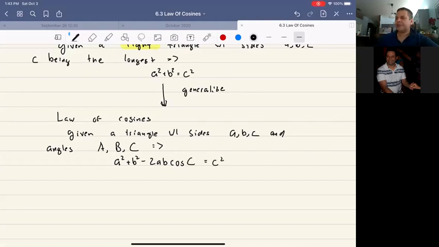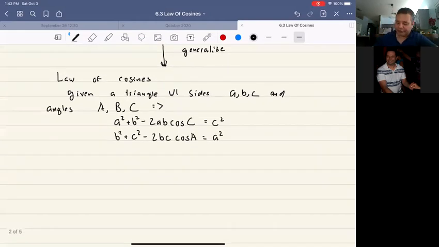And you can actually do it in any order. I could also write B squared plus C squared minus 2BC cosine of the angle A equals A squared.